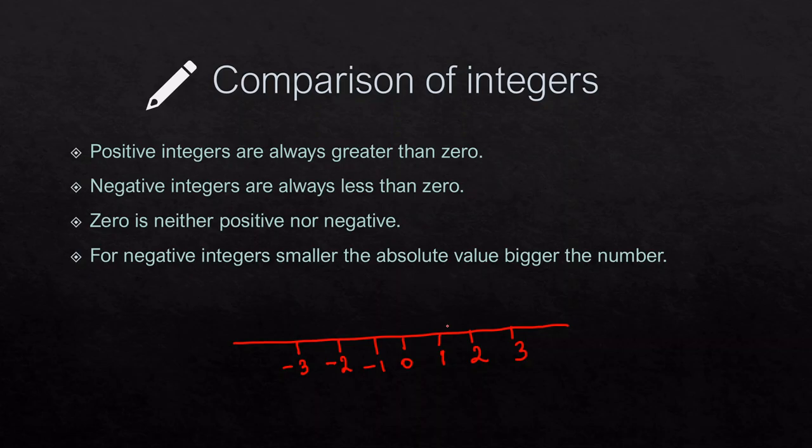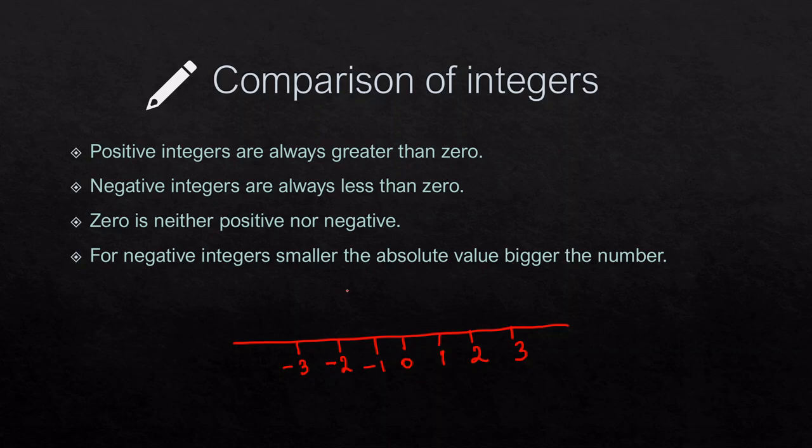That we know from our childhood days, that 1, 2, 3 are greater than 0, whereas negative numbers like minus 3, minus 2, minus 1 are all less than 0. Now what about 0? 0 has no sign. It is neither positive nor negative. It lies in between the positive numbers and the negative numbers.